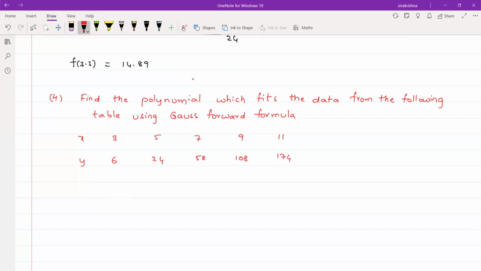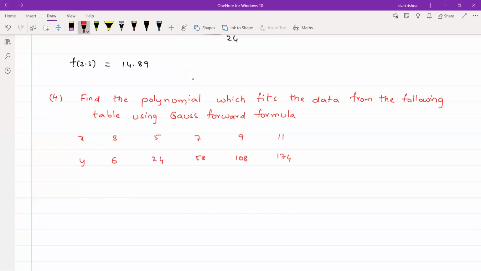So here we have to find the polynomial. These kinds of problems we have already done in Lagrange's interpolation formula and also in Newton's divided difference formula. There also we had to find the polynomial. In that way only we have to find the polynomial here also.